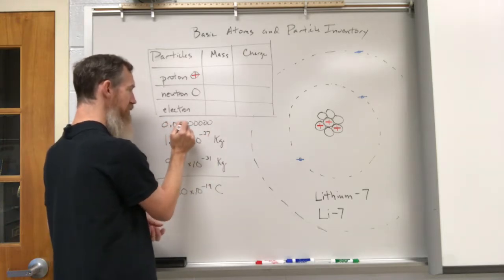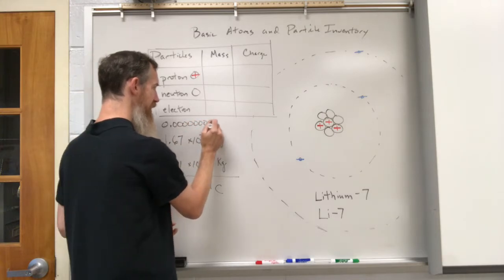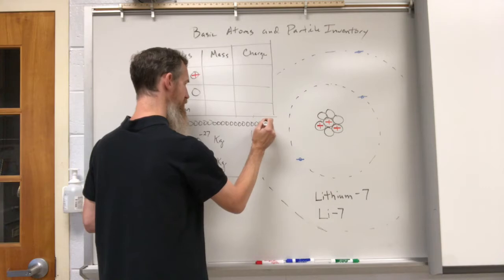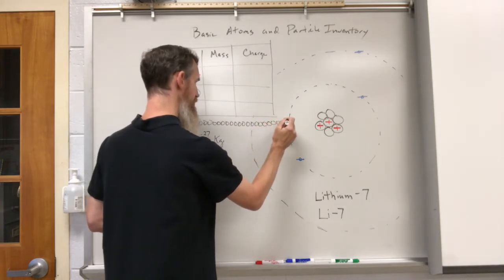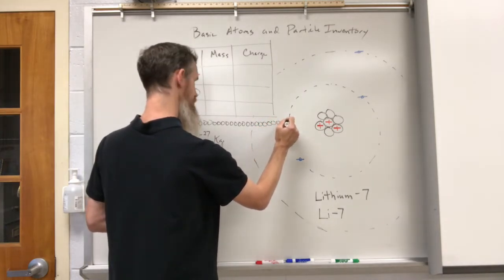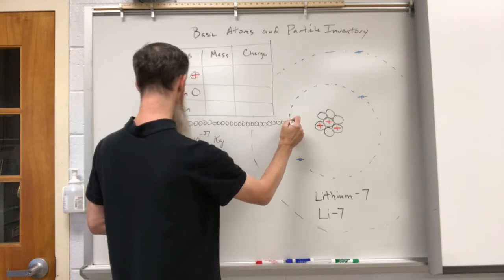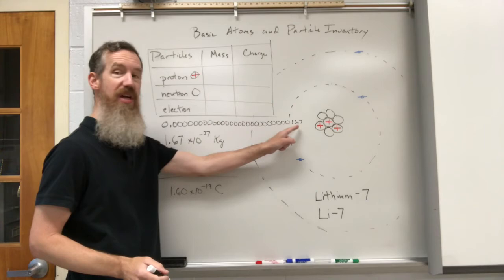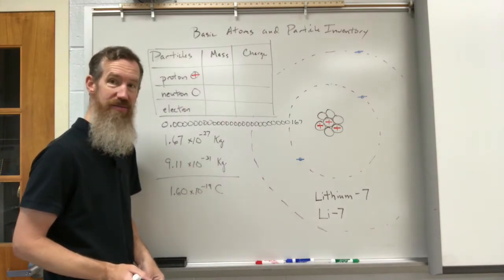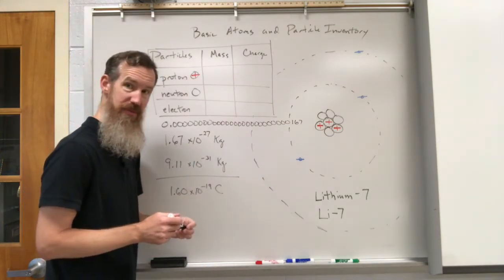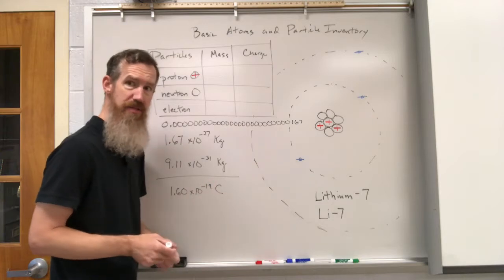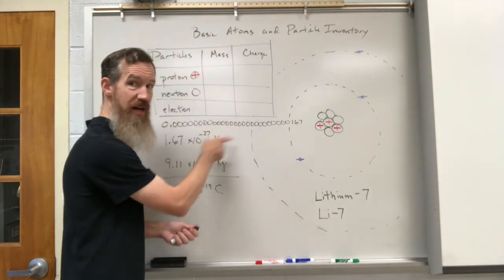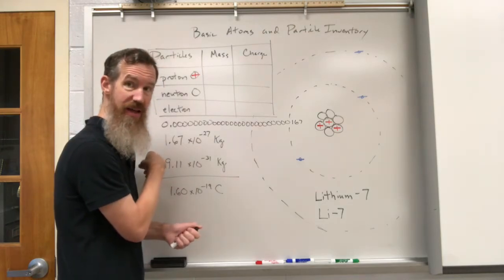So 1, 2, 3, 4, 5, 6, 7, 8, 9, 10, 11, 12, 13, 14, 15, 16, 17, 18, 19, 20, 21, 22, 23, 24, 25, 26, 27. I mean, that's really small. That's unimaginably small. That's the mass of a proton, and the mass of a neutron.